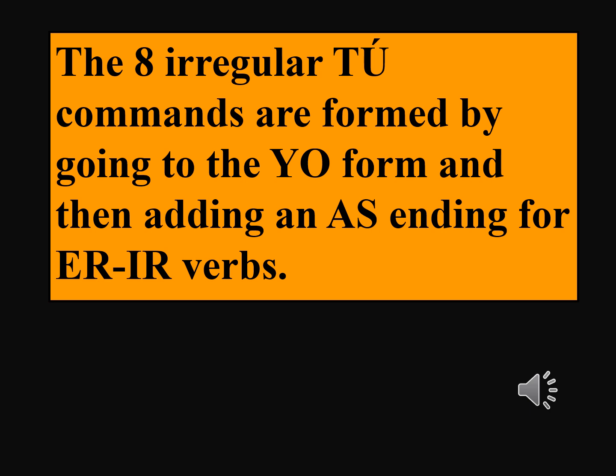Again, we go to the yo form, then change the ending to AS and put a no in front of it. That is the negative command for these 8 irregulars.